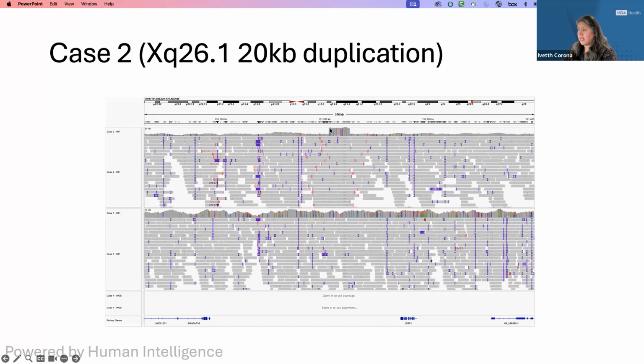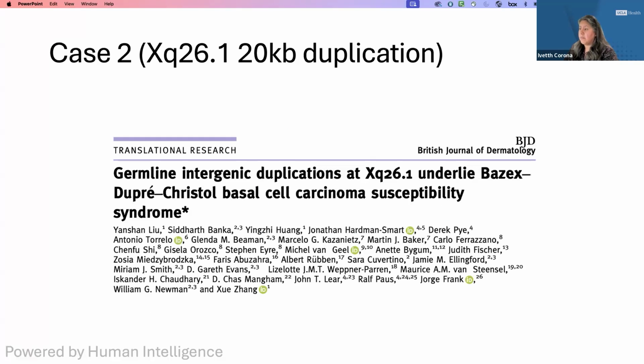This is actually an intergenic region that, to be honest, we normally don't look at. It was thanks to the referring physician who knew about this publication.